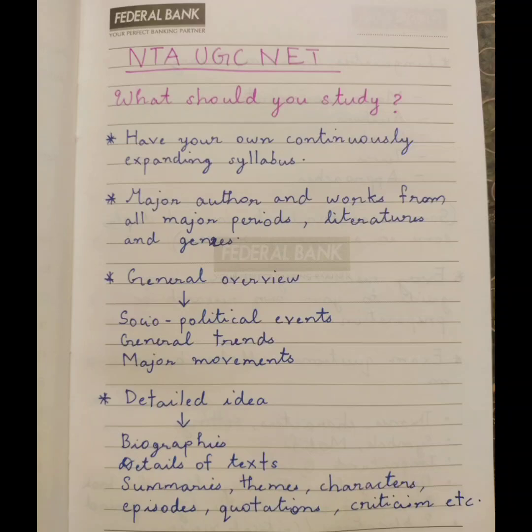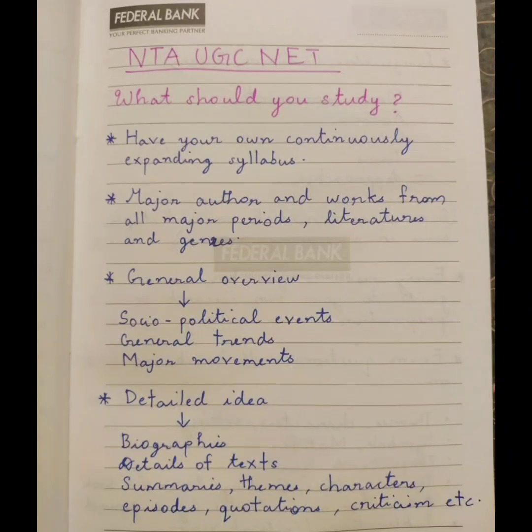Okay, then you should have a general overview of the socio-political events in literature, then the general trends that are happening, then the major literary movements, then all the awards and other recent things that you came across in literature.